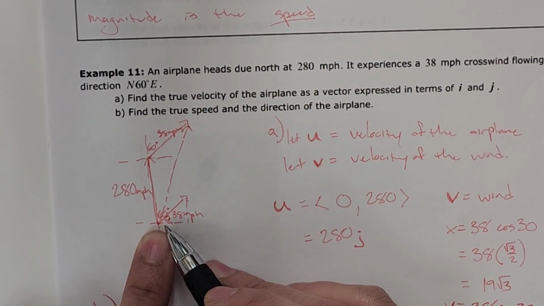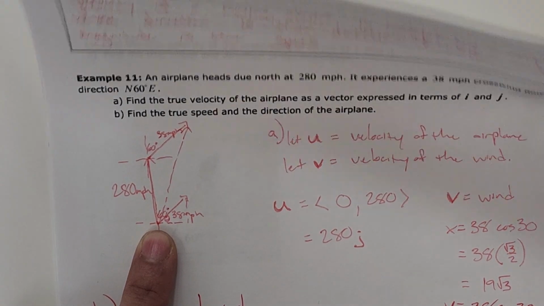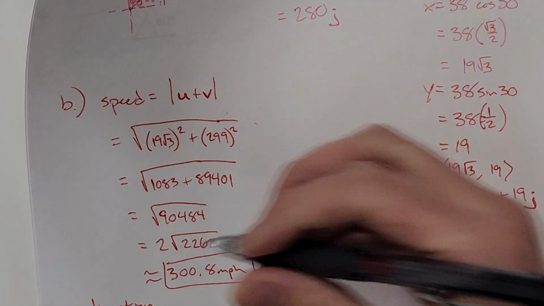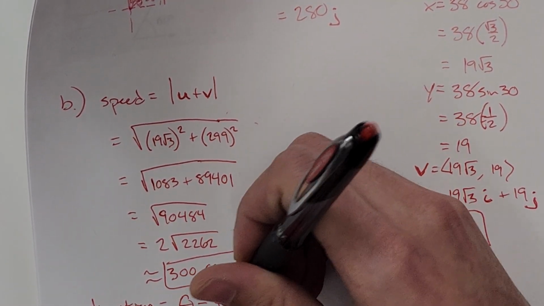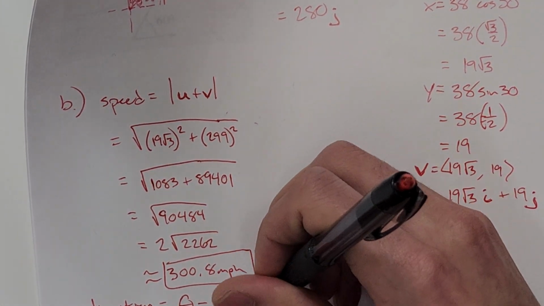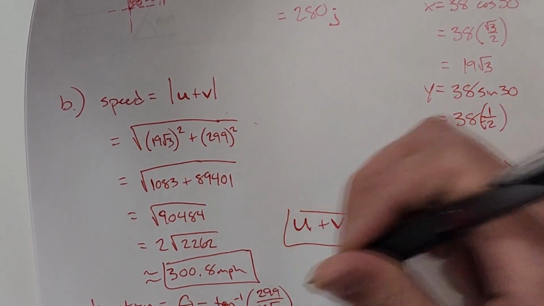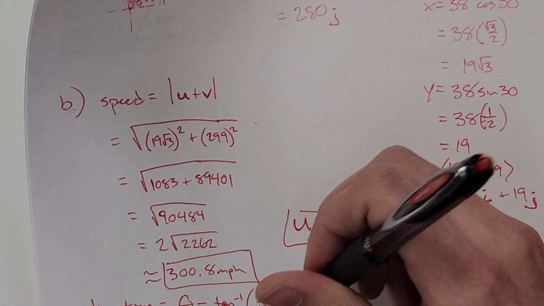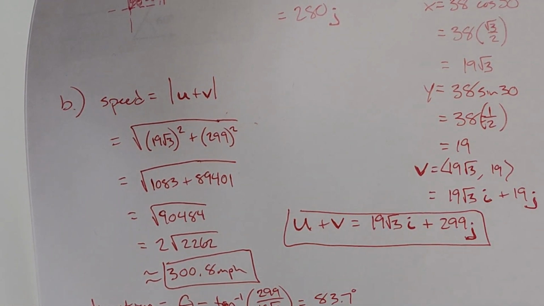If we were to draw out the triangle, theta would be that angle right here. So the direction is equal to the inverse tangent of the opposite, or the y value, 299, over the x value, the adjacent, 19 root 3. And if you were to plug that into your calculator, you would get about 83.7 degrees. Make sure you're in degrees mode.